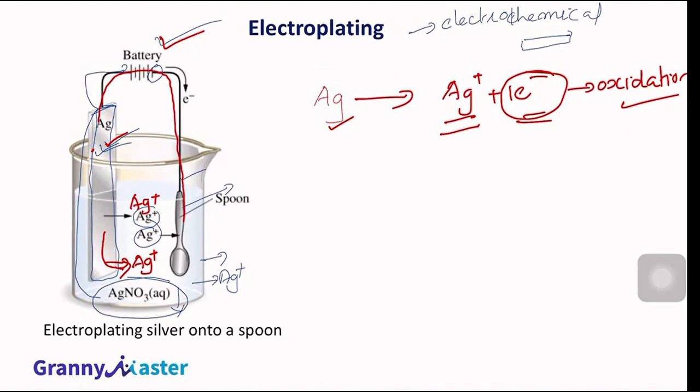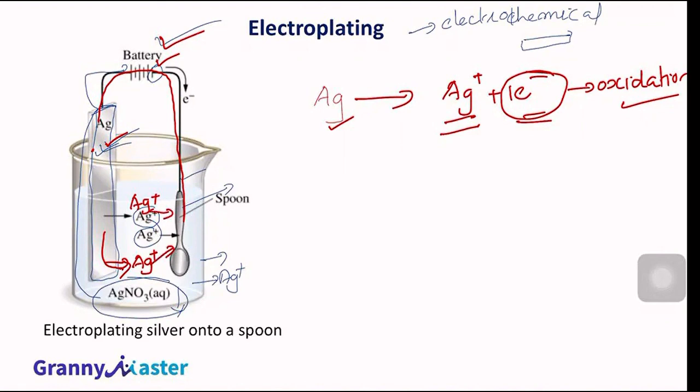Once the electron reaches the spoon, and we know that the spoon is connected to the negative terminal, the spoon is now negatively charged. A negatively charged spoon can attract positively charged silver ions, which came from the silver rod. So the silver ions, which were expelled from the silver rod, will move towards the silver spoon.